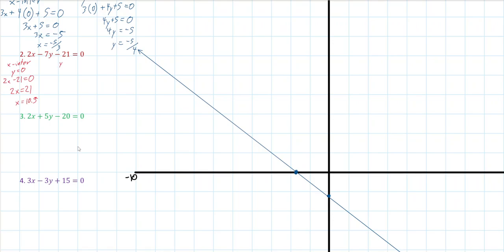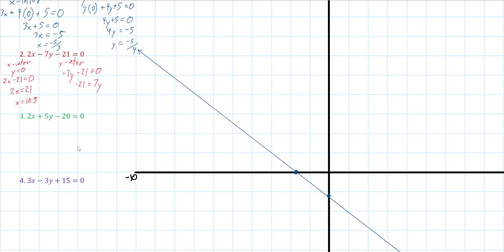So now we can try the y-intercept. It's going to be where the x term disappears because x is 0. So then we're going to solve for y. There's a couple ways to do this, but I'm going to do what I think is the easiest way, which is to move the 7y over.